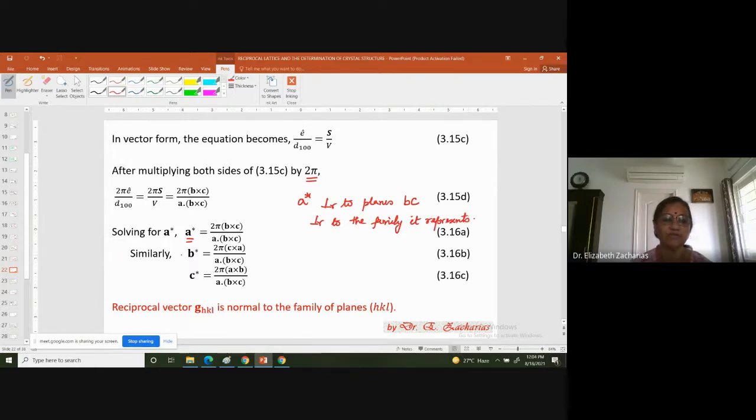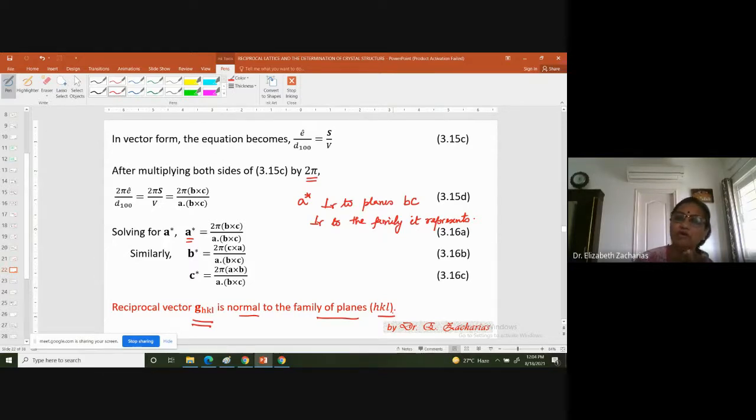Similarly, you can write B star as 2 pi into C cross A by A dot B cross C. Similarly, C star will be 2 pi into A cross B by A dot B cross C. So you finally come to the conclusion that for a general G HKL, the reciprocal vector will be normal to the family of planes HKL.